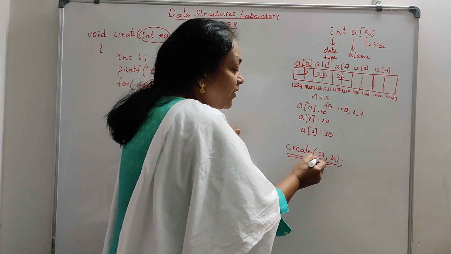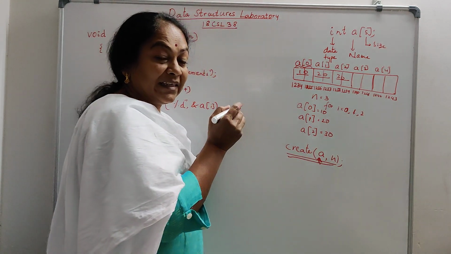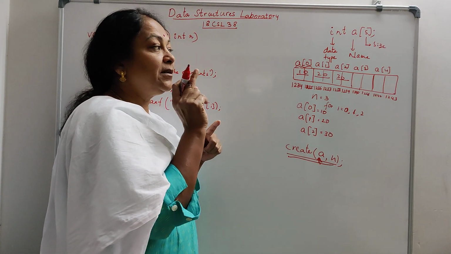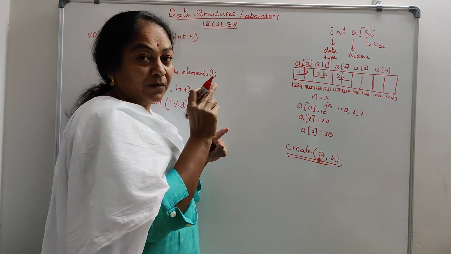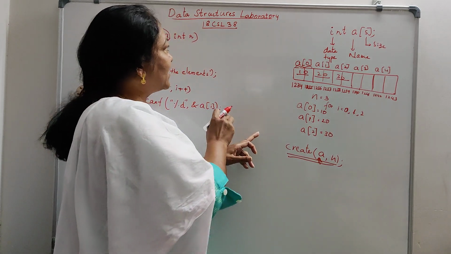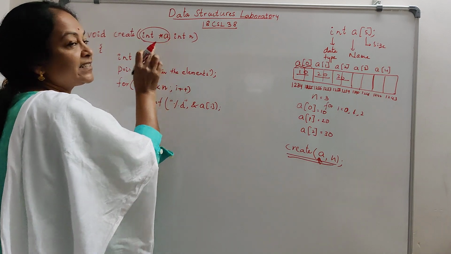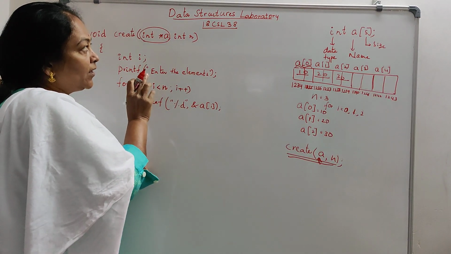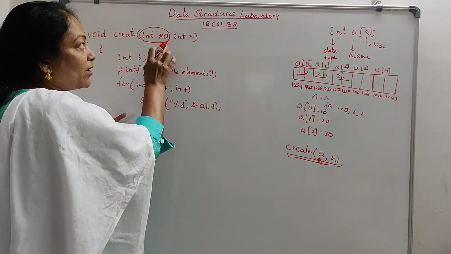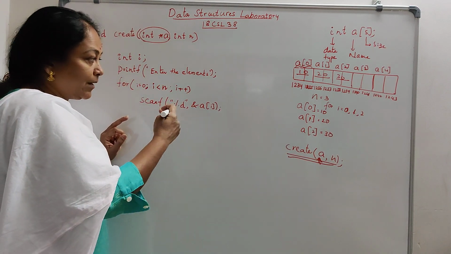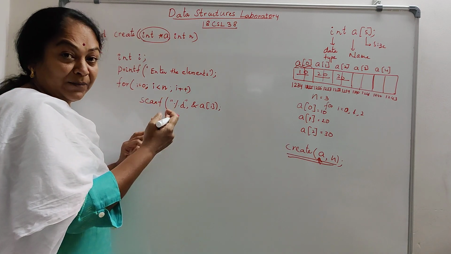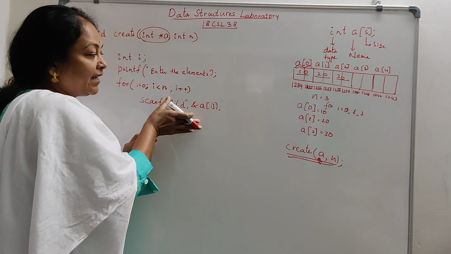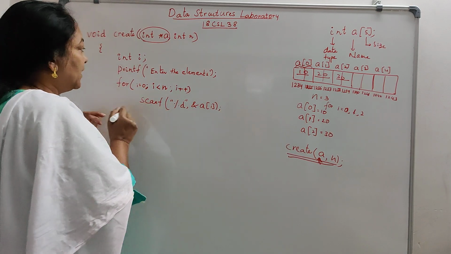Once the base address is coming, you need a pointer variable to store that address, so that's why you have declared a as a pointer variable. After that you can use this pointer variable as an array in the normal way.